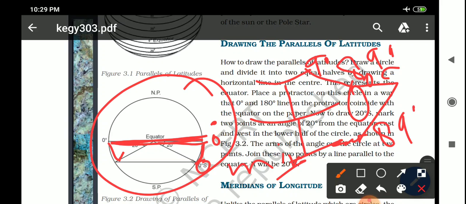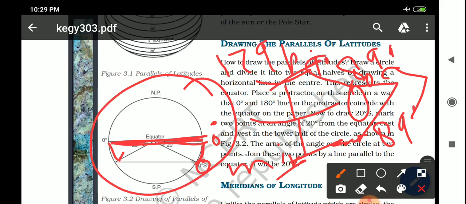Clear? So in total, how many parallels are there? We have 179 parallels.